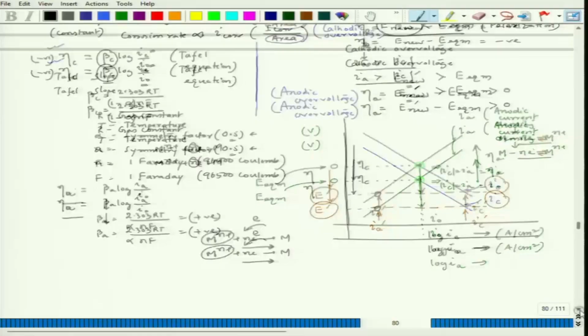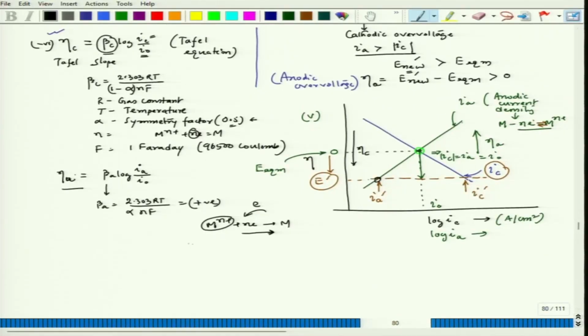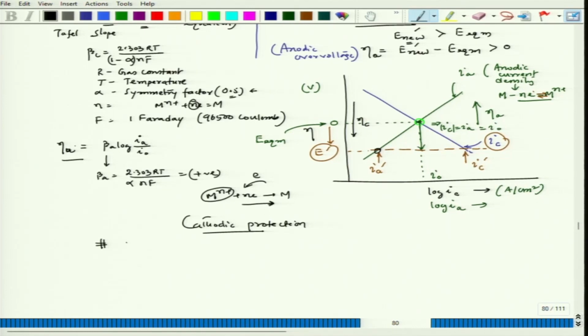Now, if I try to look at cathodic protection, whatever discussion we had, we could see cathodic polarization, and the second term is sending electrons to the metal.